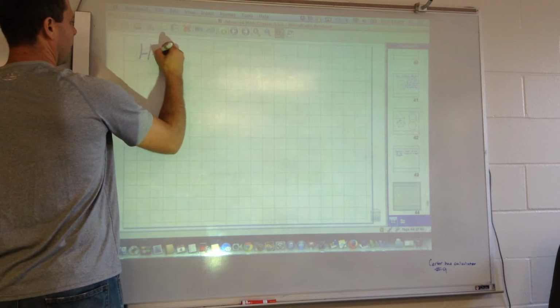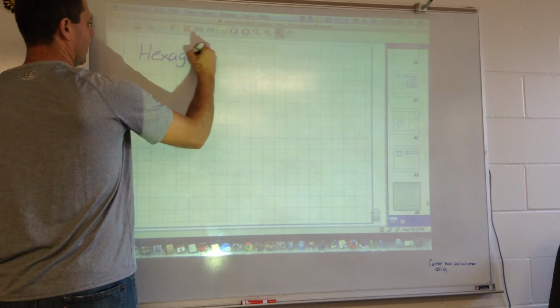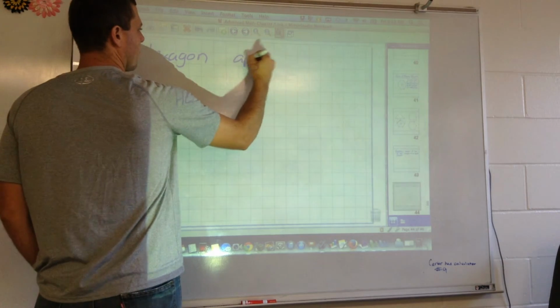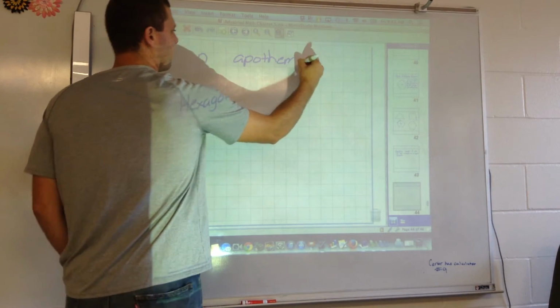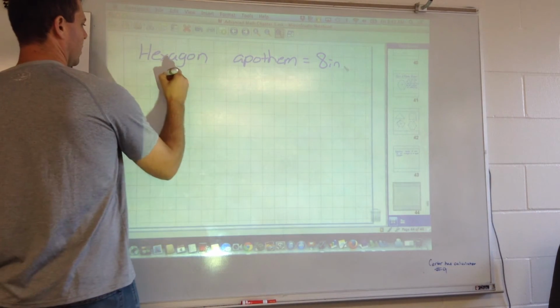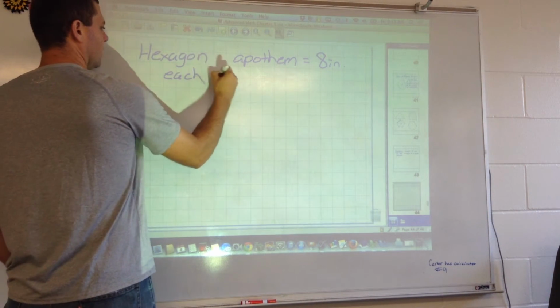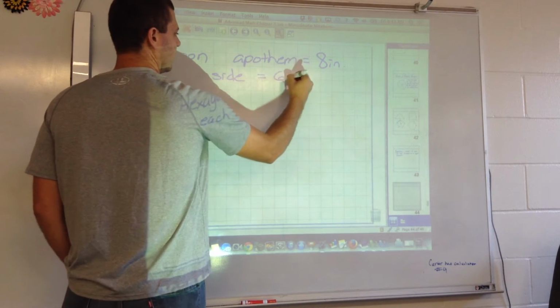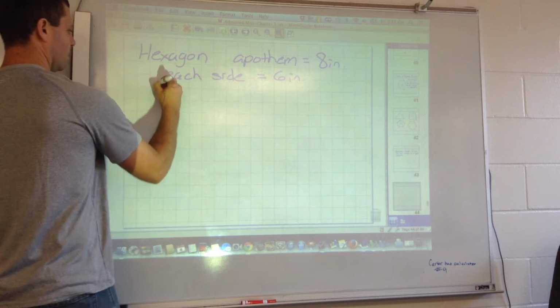All right, so we'll do one here. Let's say we got a regular hexagon. The apothem equals 8 inches, and each side equals 6 inches.